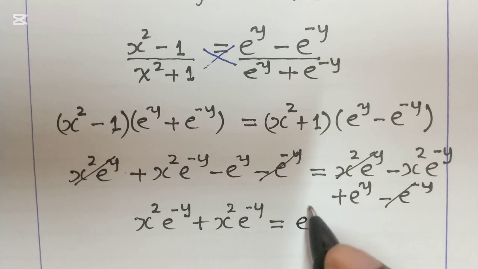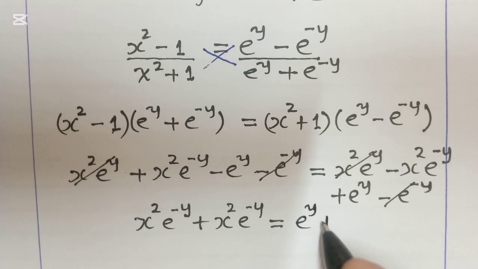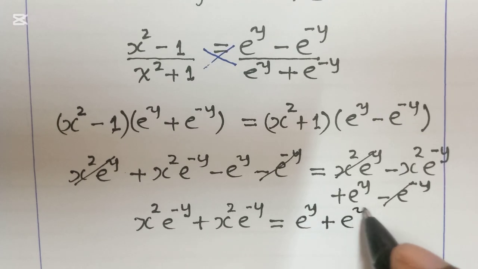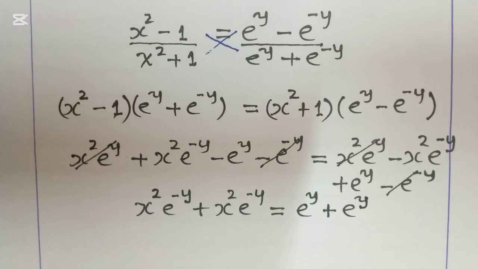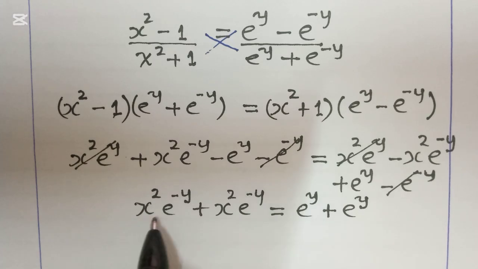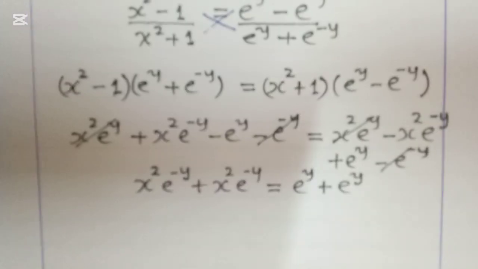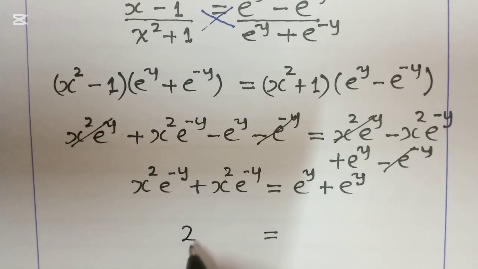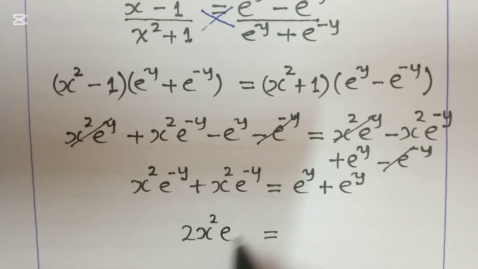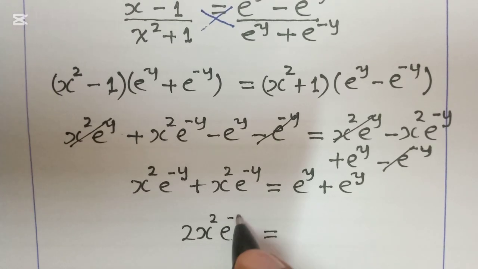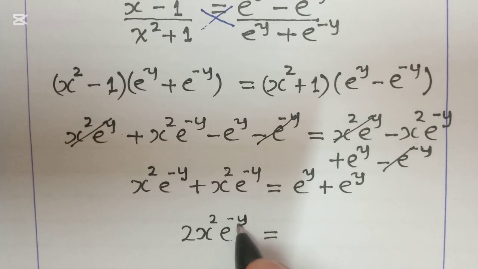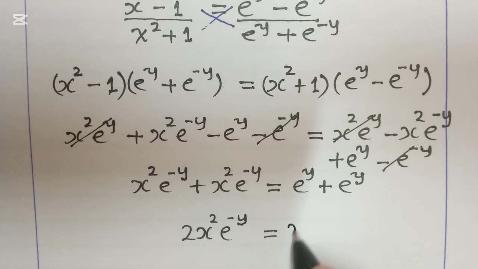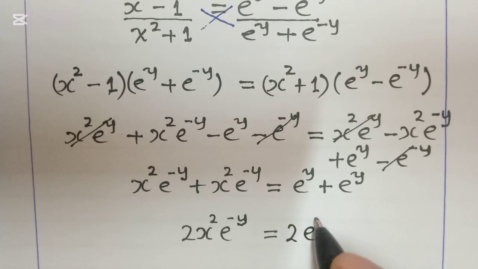So we shall have e raised to y plus e raised to y, like that. From there, guys, we can add these. If we add these ones, we are going to have here 2 x squared e raised to negative y, while this other side will be 2 e raised to y, like that.